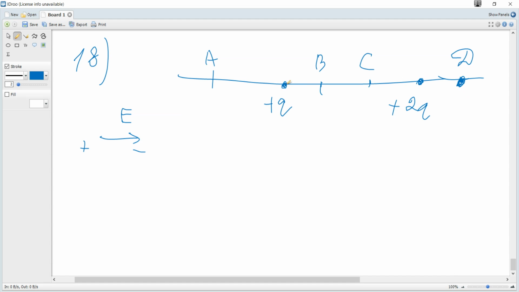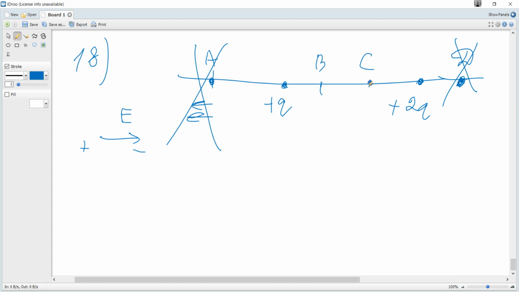So both charges create field to the right at point D, so they cannot cancel. So we cannot get zero field at point D. At A, the same, from plus, the resultant field is to the left, and two vectors to the left cannot cancel each other, so field cannot be equal to 0.